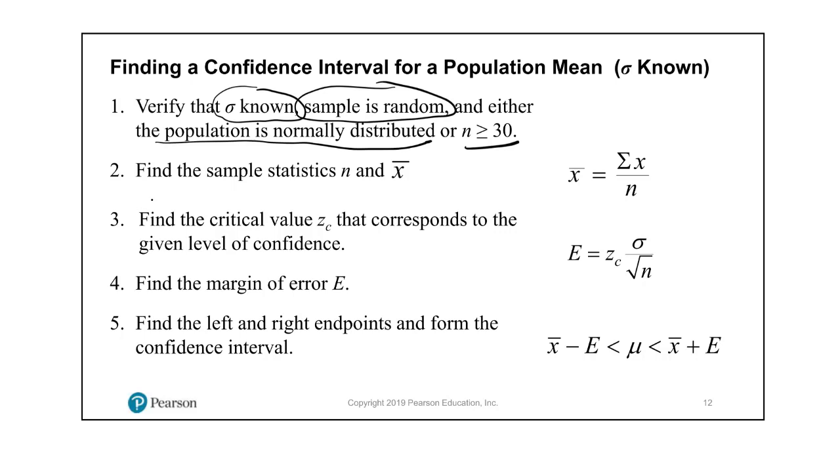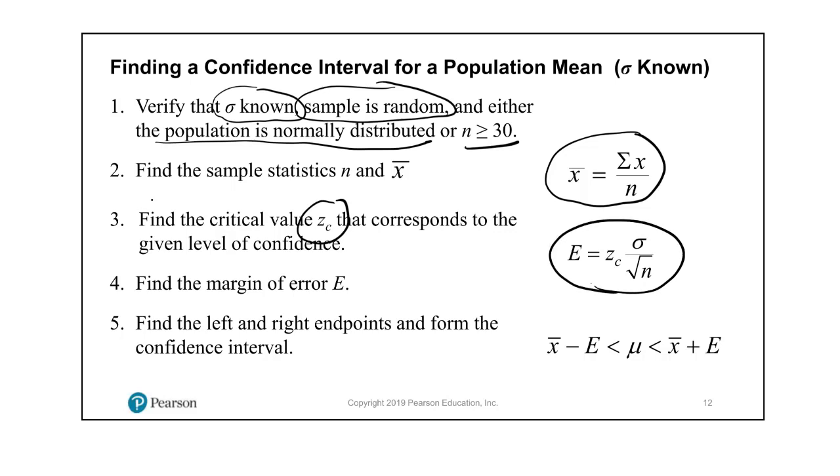The next thing we would do is calculate x bar, which is simply adding up all our sample values and dividing by how many there are. We would find the critical value of z corresponding to whatever particular level of confidence, whether it's 80 or 95 or 99 or whatever. Then we would find the margin of error. And finally, just add and subtract the margin of error from x bar, and that sets up our interval.